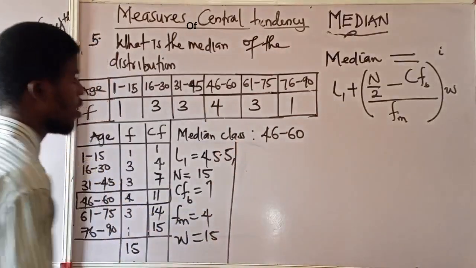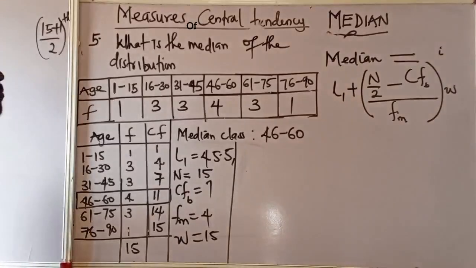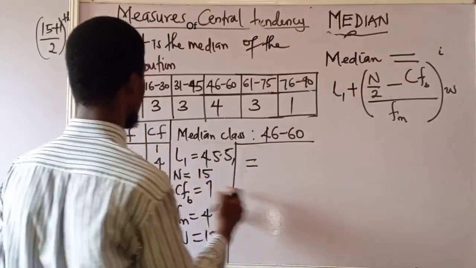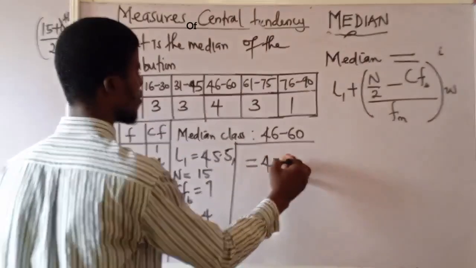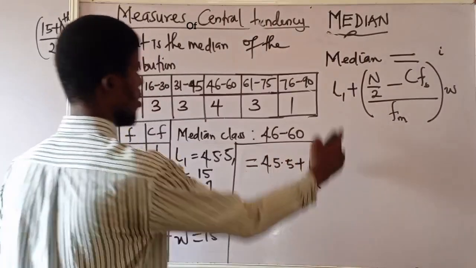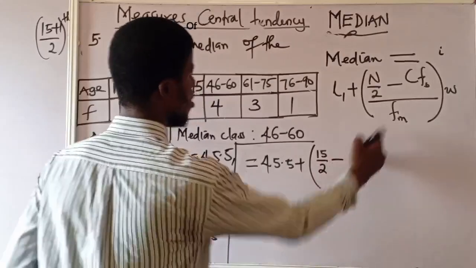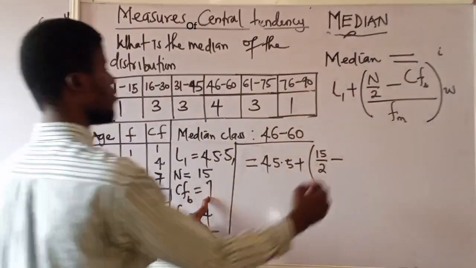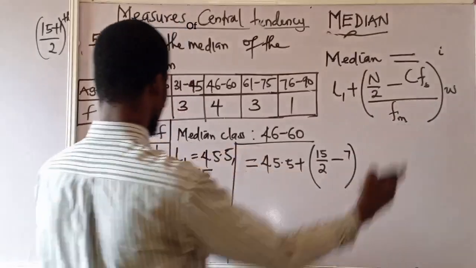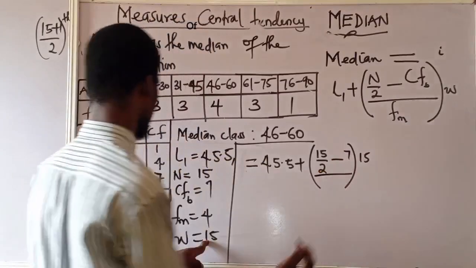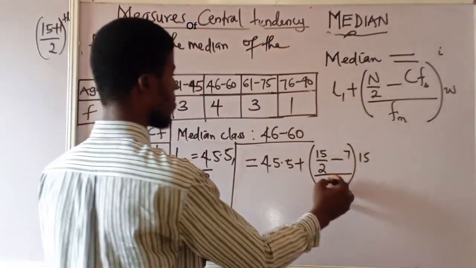We now go to the formula straight and determine the median. So the median is equal to L1, which is 45.5, plus N, that's 15, divided by 2, minus CFB, that's 7, times the class width, 15, all divided by the frequency of the median class, that's 4.